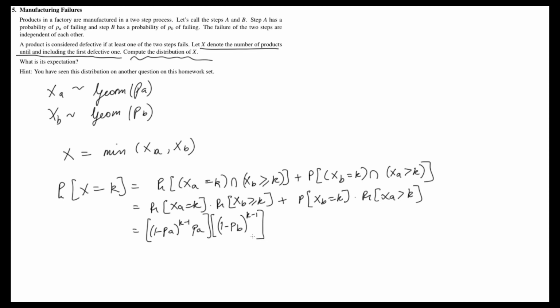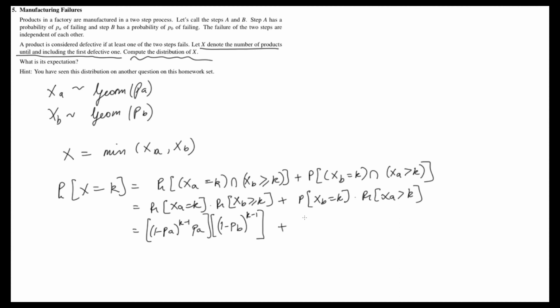So that's what probability of XB greater than or equal to K means, because you know that it fails for the first K minus 1 times, and what happens after that is irrelevant, because whenever the step B fails, after that it doesn't matter. So when I said that it fails K minus 1 times, I meant it succeeds K minus 1 times. And then after that, it doesn't matter when the step B actually fails because it's already greater than or equal to and you're already within the event.